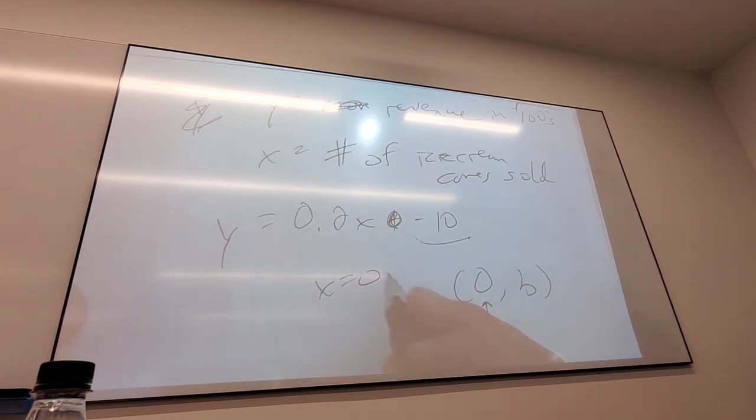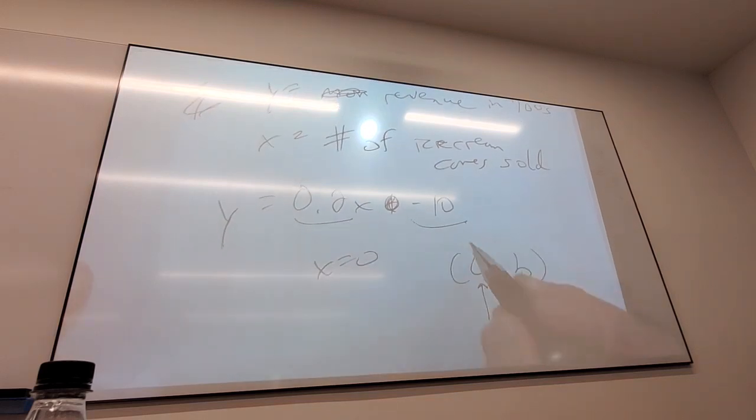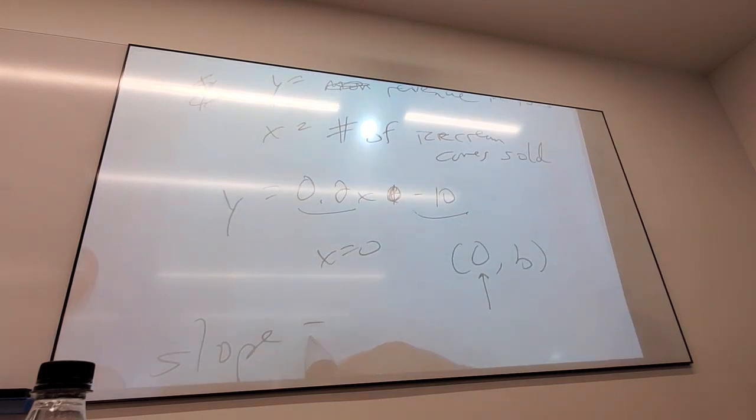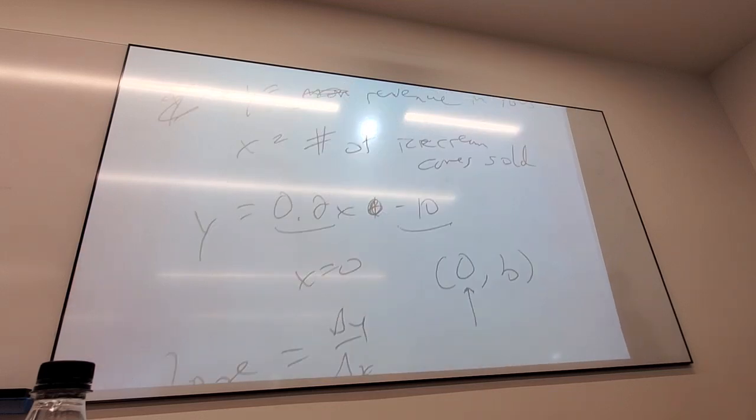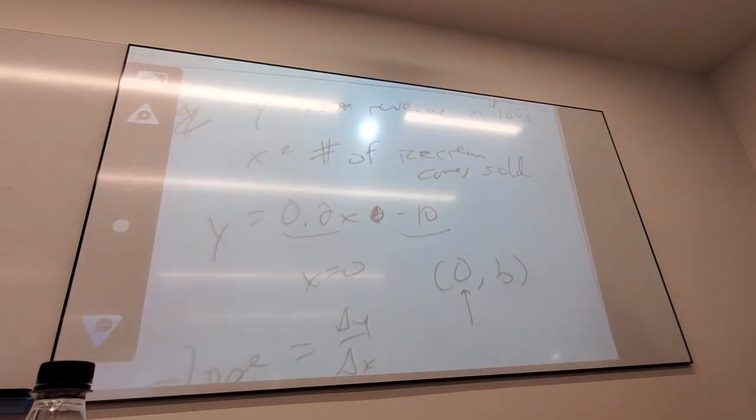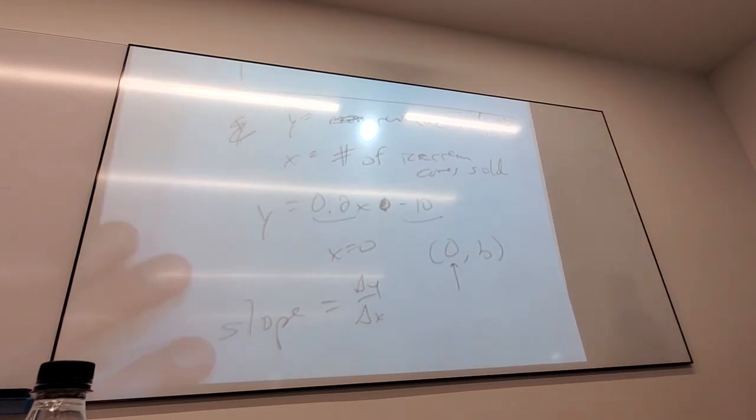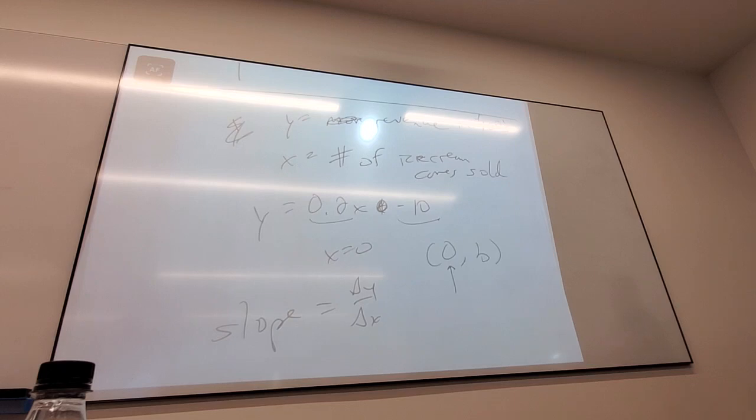Okay. What does the slope mean? Well, we just said slope is the change in y over the change in x, right? What's the unit on the y's? Y units is revenue in hundreds of dollars.